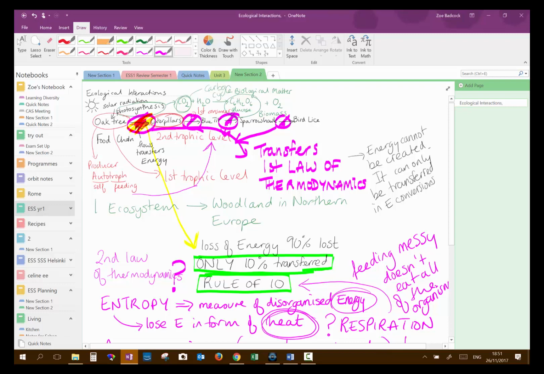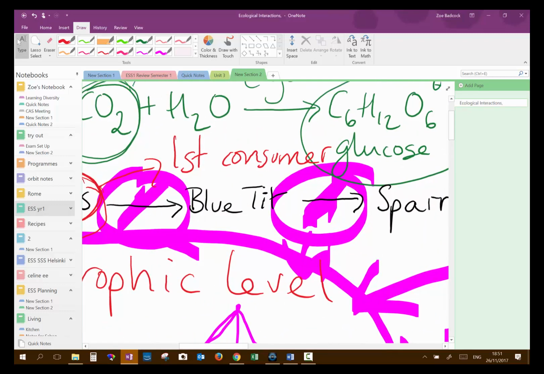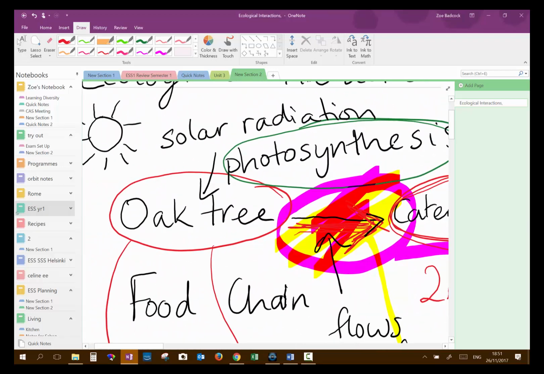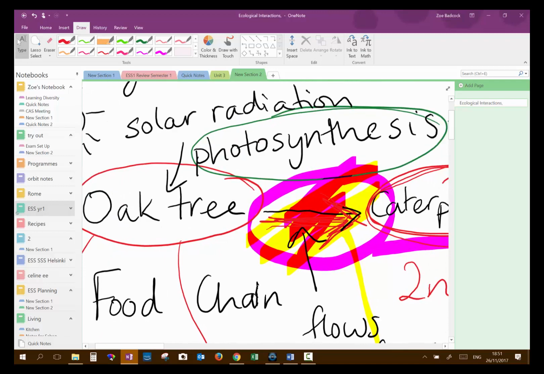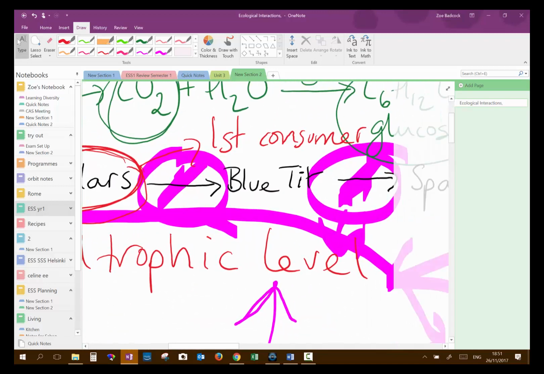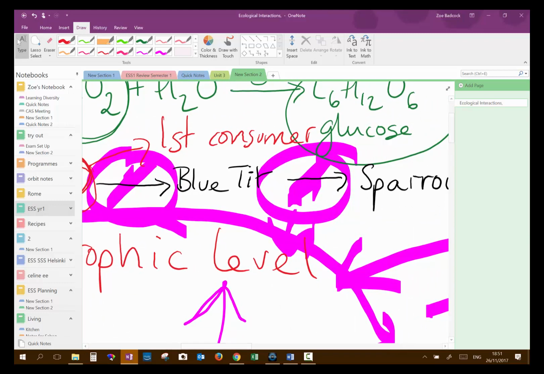So let's try and zoom in a little bit on these different trophic levels. So we've already identified that we've got an oak tree, that's our first trophic level. The caterpillars is our second trophic level. The blue tit is the third trophic level.